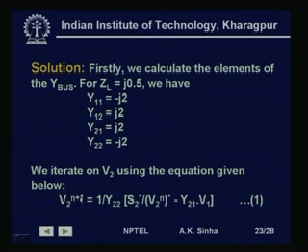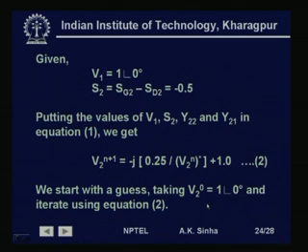V2 at n plus 1th iteration is 1 by Y22 times S2 conjugate, that is P minus jQ, so S2 conjugate divided by V2 n conjugate, minus Y21 into V1. So, this is the equation that we have for updates of V2.